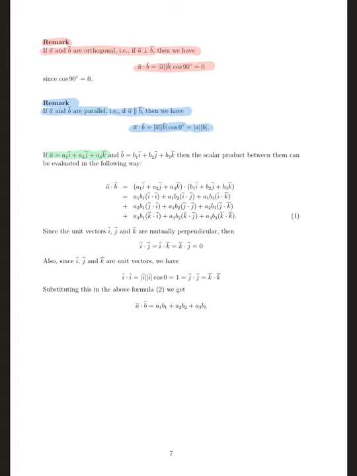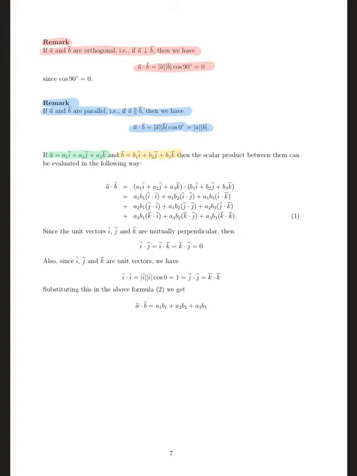And B is equal to B1 times i plus B2 times j plus B3 times k. And then we evaluate the scalar product. So I'll just take it for granted for the moment that when we take the scalar product of two sums of vectors, or vectors broken into their components, that we multiply it out in the way you'd normally expect.